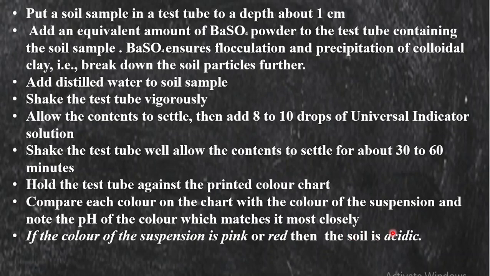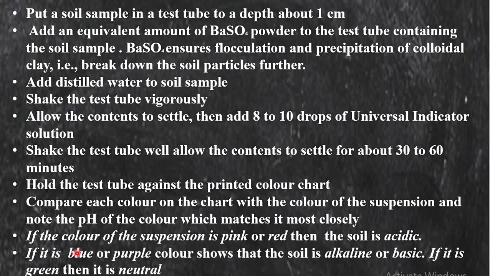So an acidic soil will give a pink or red color of the soil suspension. If it is blue or purple, then it shows that the soil is alkaline. Or if it is green, then it is neutral. So this is what you should do in this experiment.